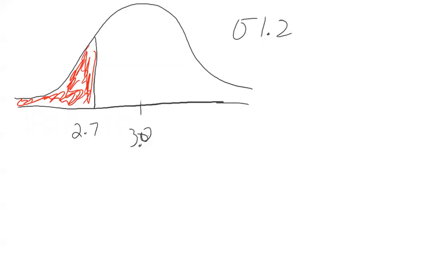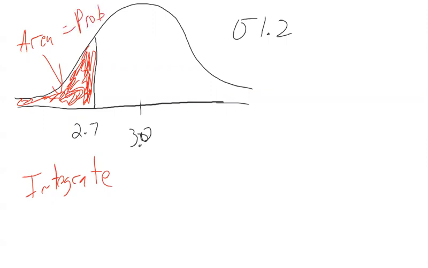I am finding what we call the area, which in calculus means we're going to integrate, right? So probabilities and area are the same. That's what you're trying to find out. How much space is it taking up, right?